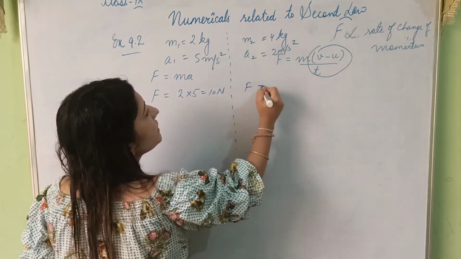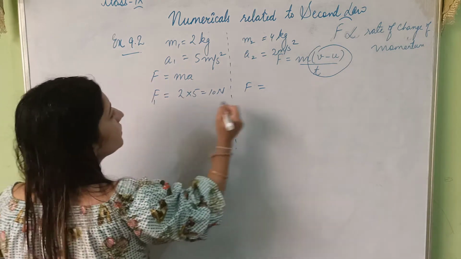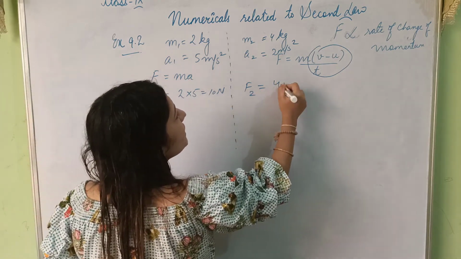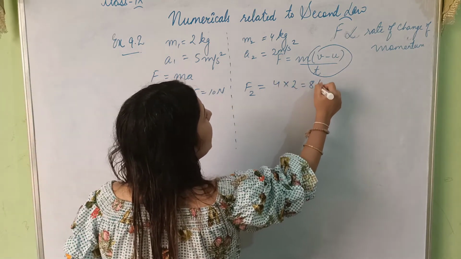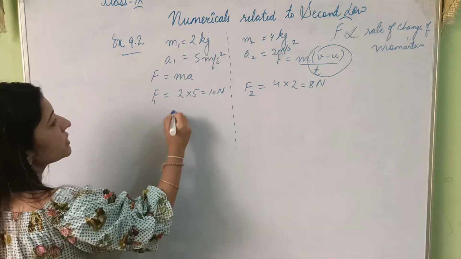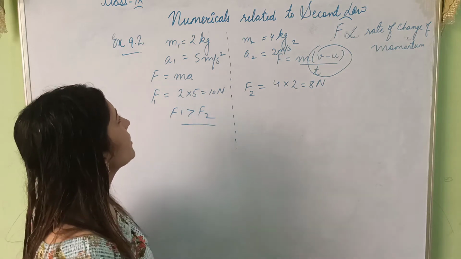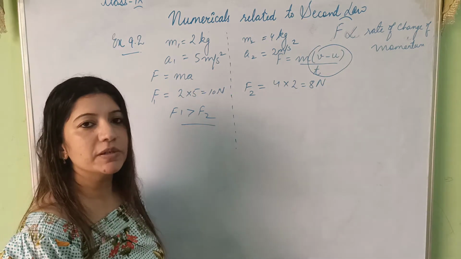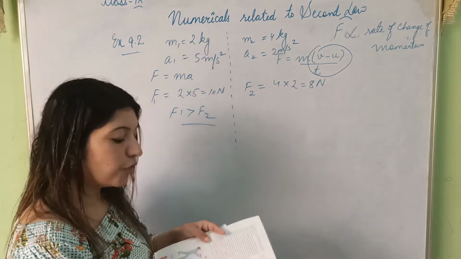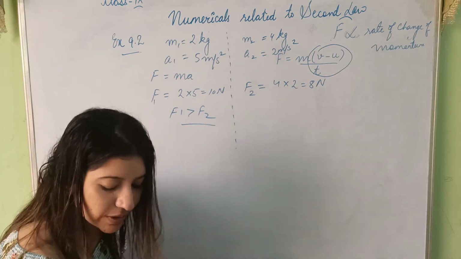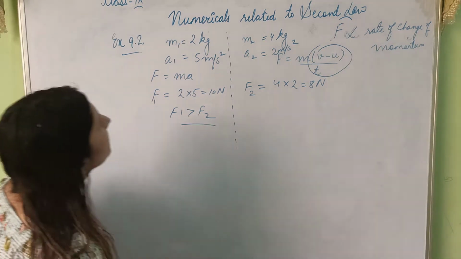Similarly, F2 is 4 into 2, which is 8 Newton. So in which case is the force greater? In the first case. An object of mass 2 kg with acceleration 5 meters per second square will be applying more force.